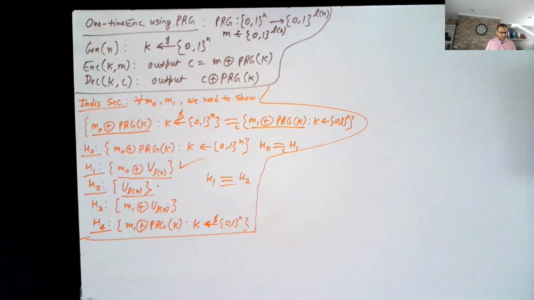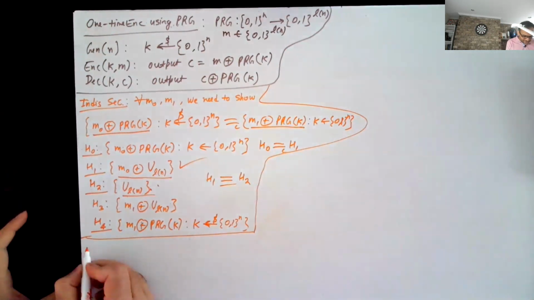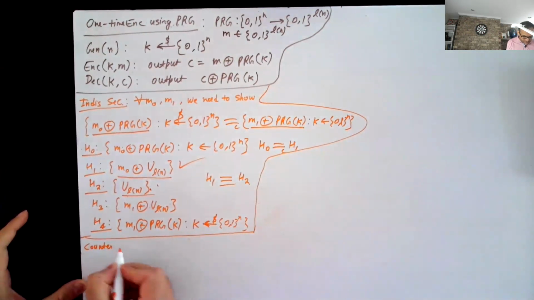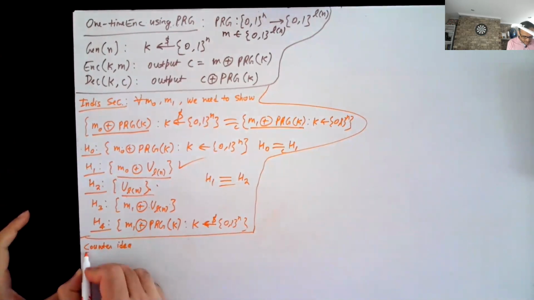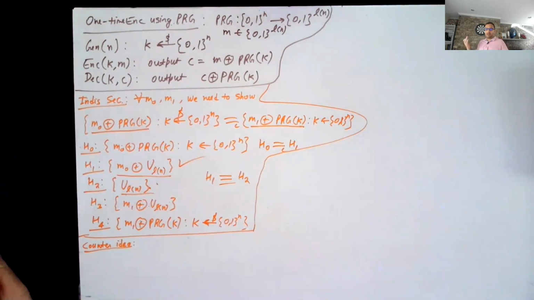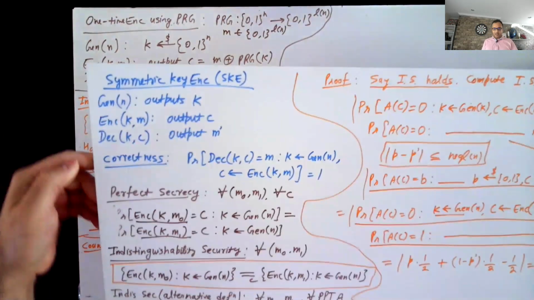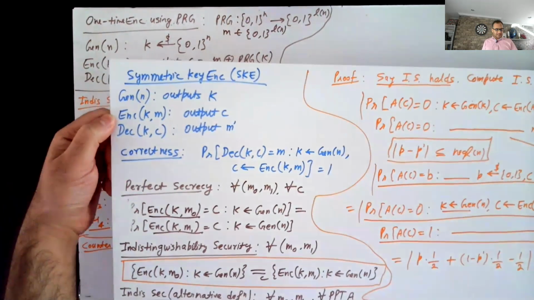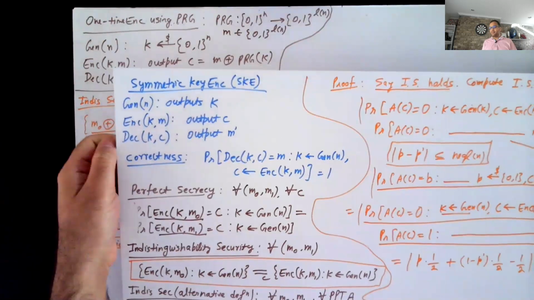So one option is to keep a counter. And note that in the counter idea, I talked about it a little bit last time, you have to change the definition of encryption scheme, right? So to show you the definition, again, an encryption scheme only takes the key and the message as input, right?